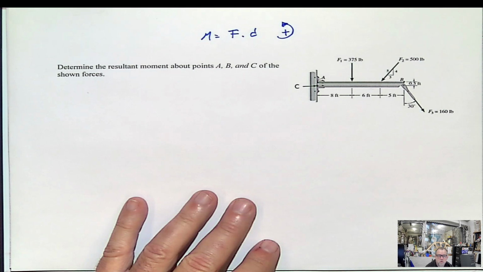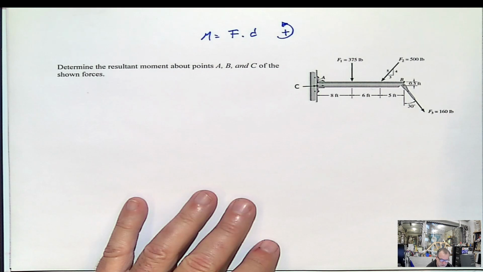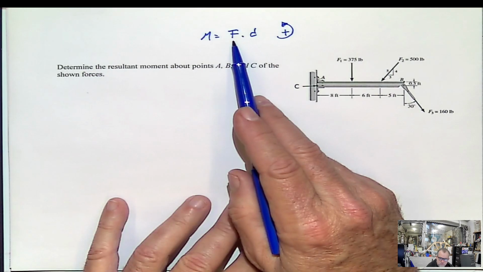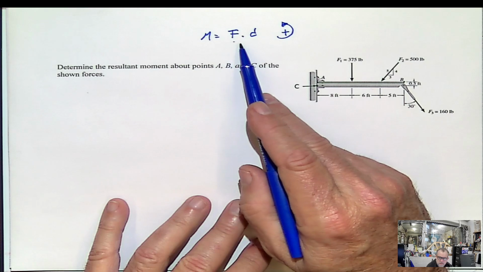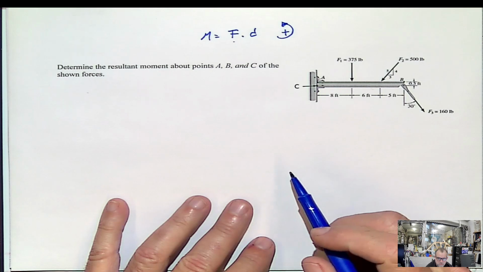Although I could say otherwise, I could say everything that rotates clockwise is positive, and I should just put it there in my notation, and that will be it. So basically, important thing, force and distance must be perpendicular, meaning if the force is vertical, the distance has to be horizontal, and if the force is horizontal, the distance is vertical.